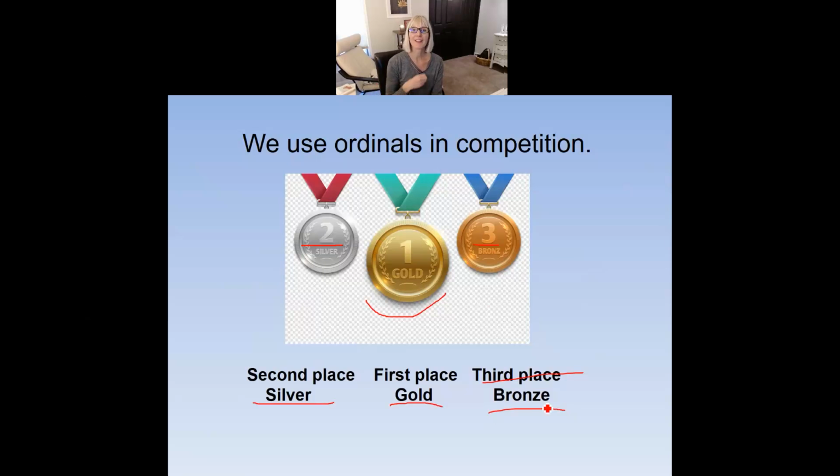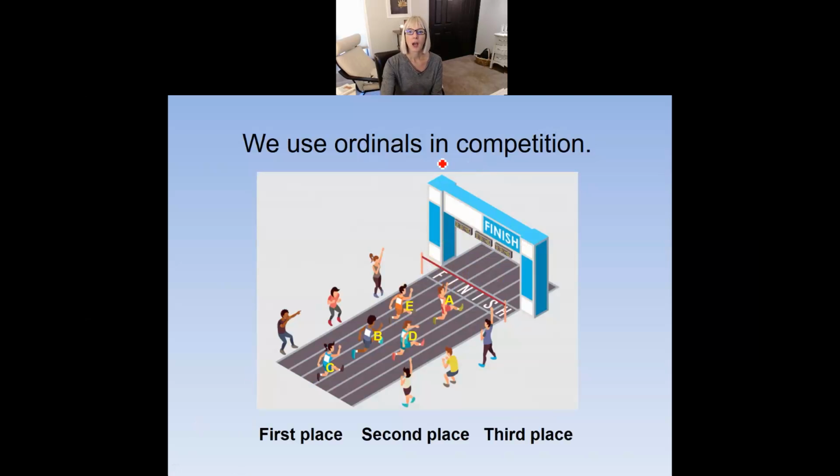Who will win? Who gets first place? Who gets second place? Who gets third place? Again, in a competition, we might look at a race. We're wondering who comes first, second, or third.